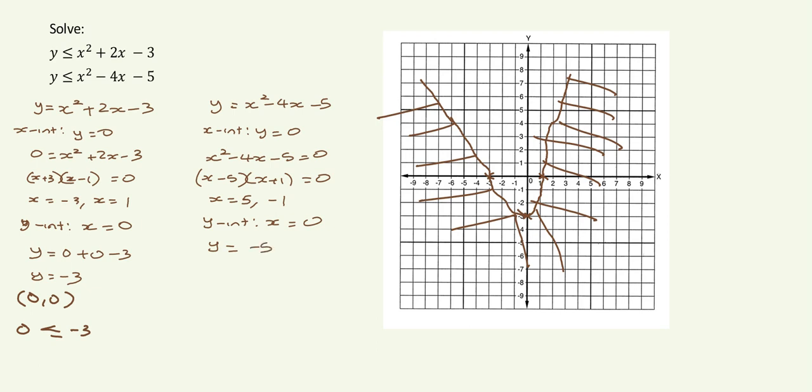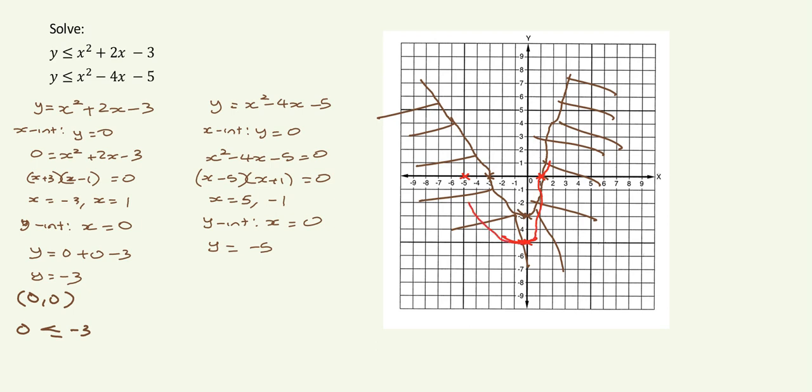So let's go ahead and draw the graph here. We have y equal to negative 5 right about here. We have x equal to 5 right about here, and x equal to negative 1 right about here. Let's draw this graph right here.